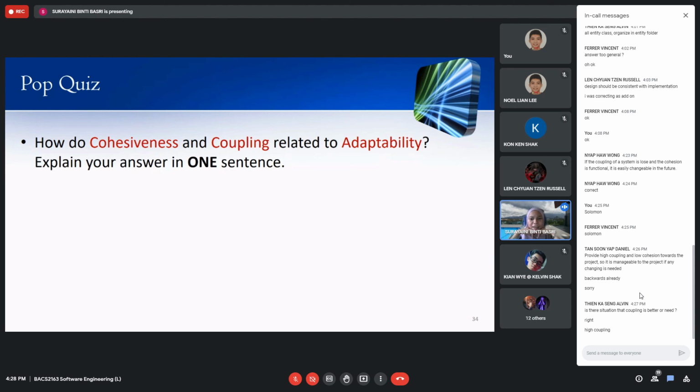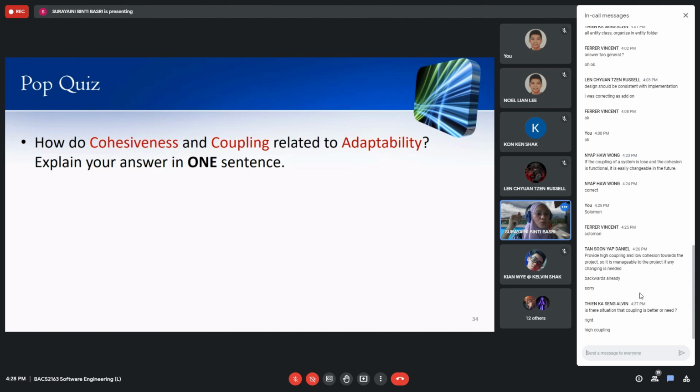I can say for now, it is better to have low coupling. I cannot think of any situation where we will need high coupling, because high coupling will give you a headache in the future. From my experience, high coupling will not be needed in any type of software.